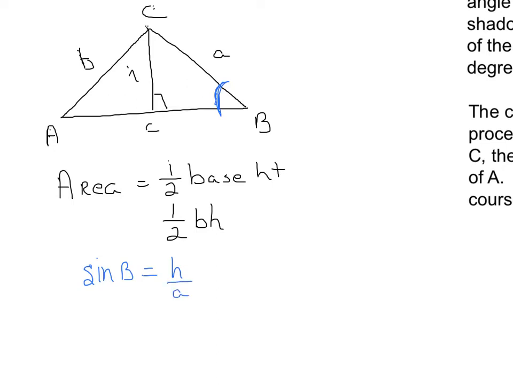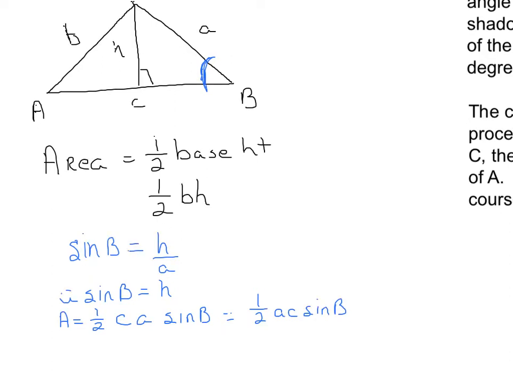So if we solve here for the height, we get that the height is A times the sine of B. And we can plug into our area formula. Area equals half of the base, which we said was C, times the height. Or we might want to say that it is 1/2 AC times the sine of B.